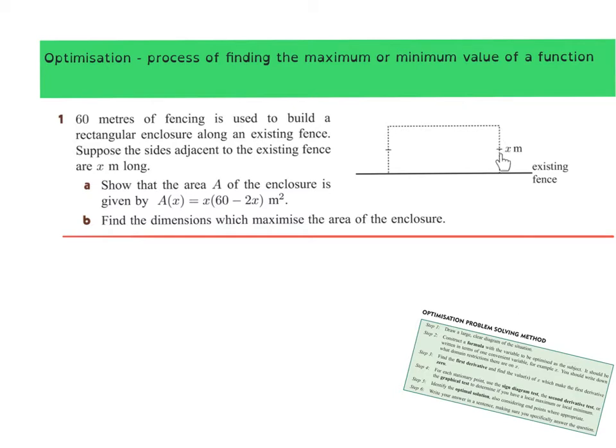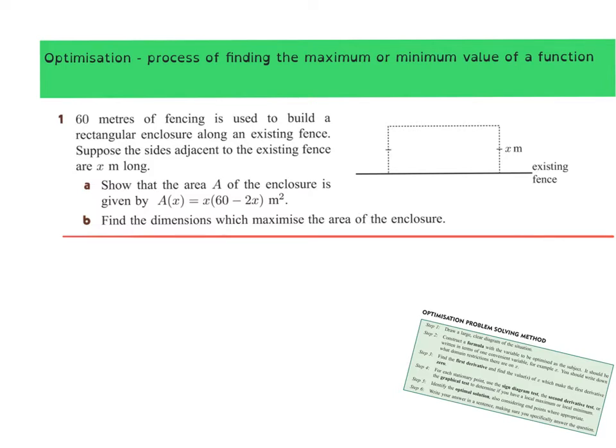So this side is x meters long, and this side is x meters long. We have been asked to show that the area A of the enclosure is given by this equation, and to find the dimensions which maximize the area of the enclosure, so that the 60 meters of fencing is used as an optimal solution.